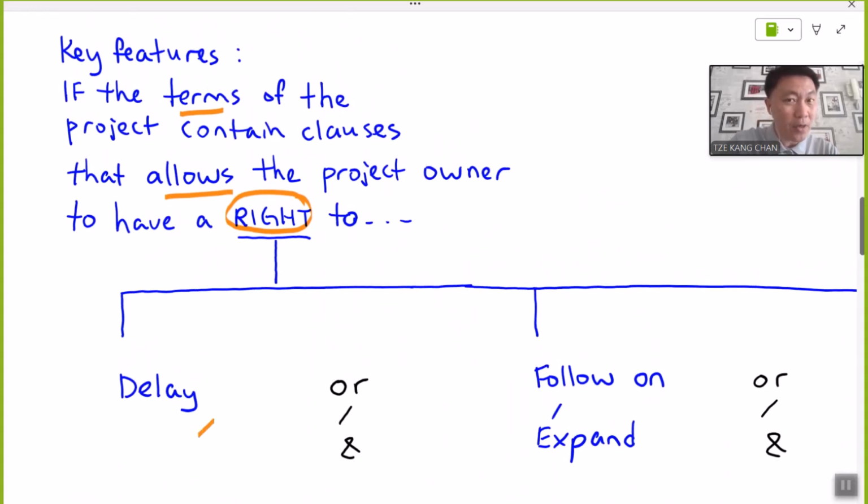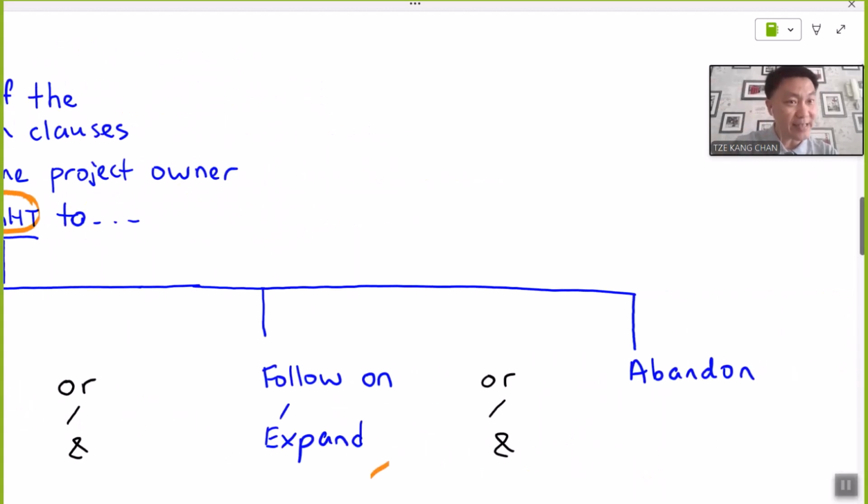delay or postpone the project. Alternatively, it may allow the company to follow on or to expand the project. Last but not least, it may allow the company to have the right to drop the project before completion.